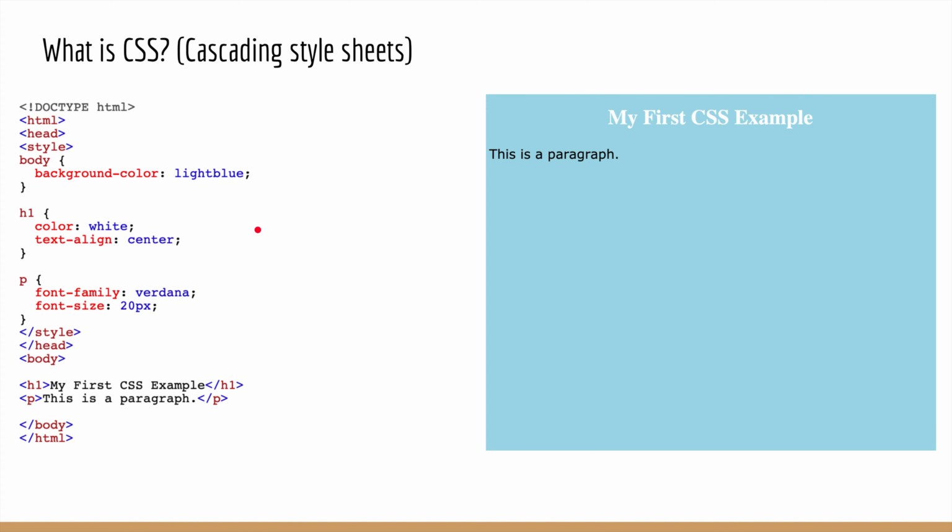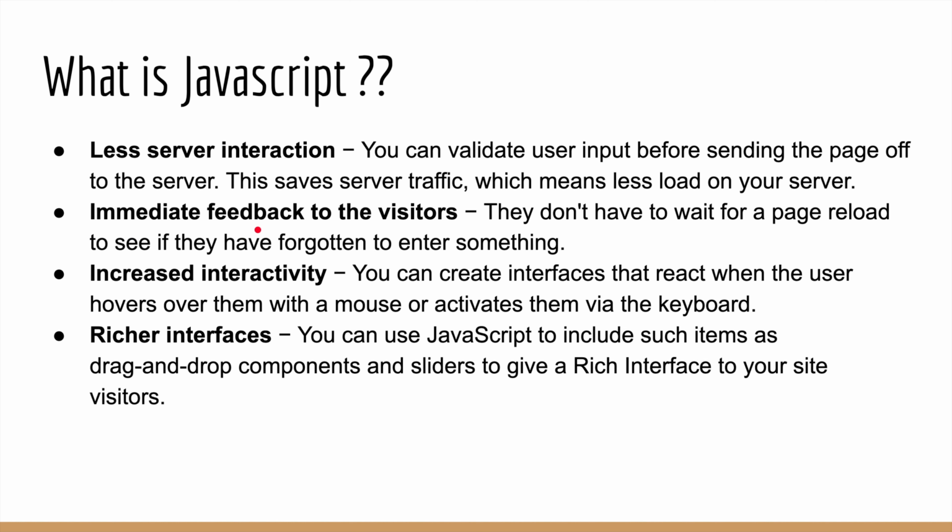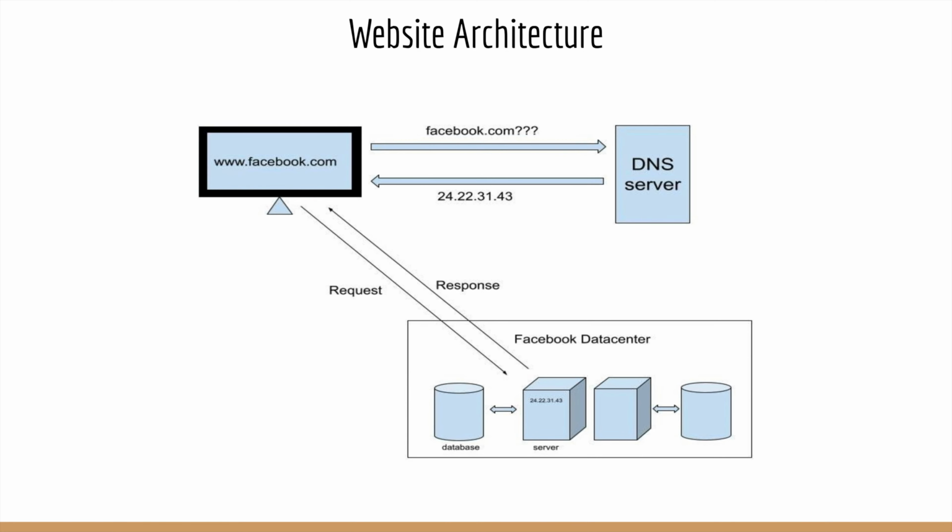So let's move to the other language which is really important, that is JavaScript. In our case we are using JavaScript as a client side language. What does that mean? As I said before, whatever runs on the client machine, where the browser is the client software, is called a client language.